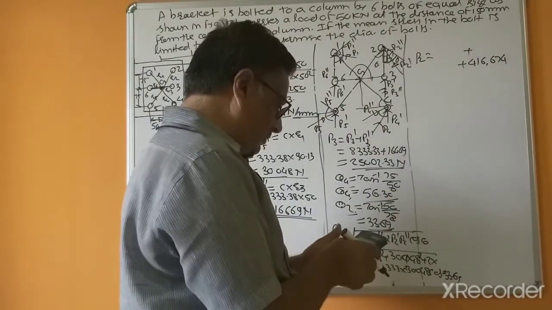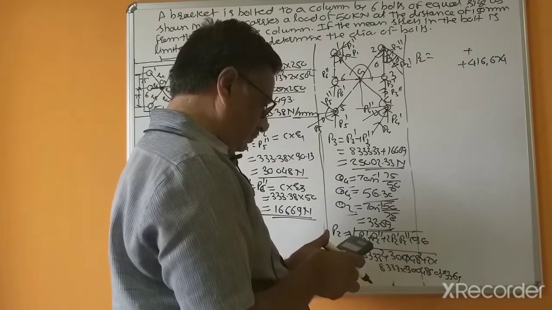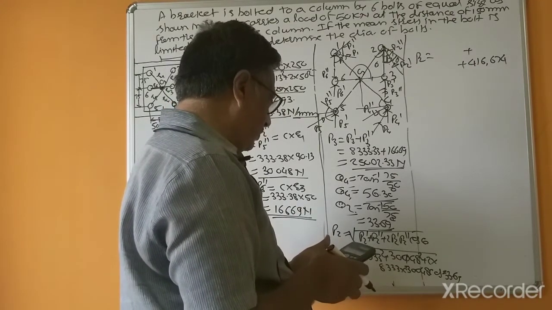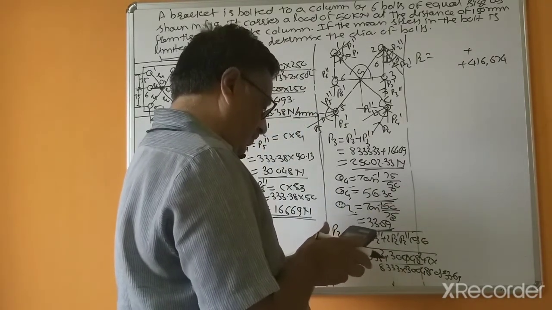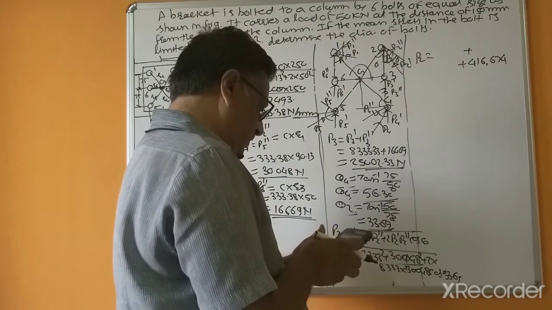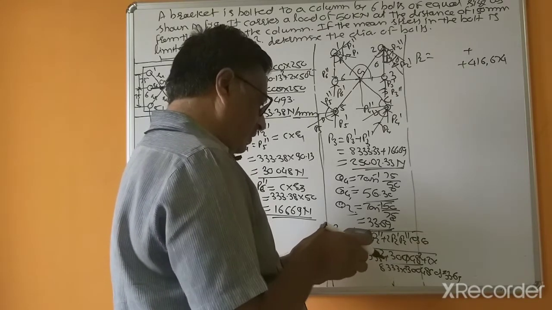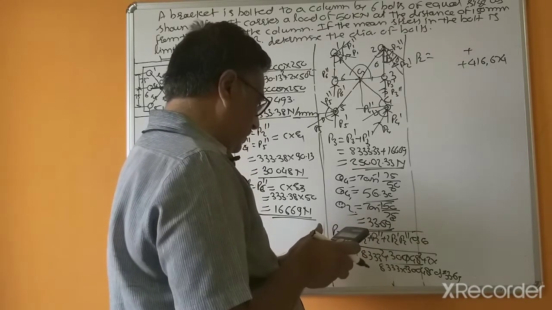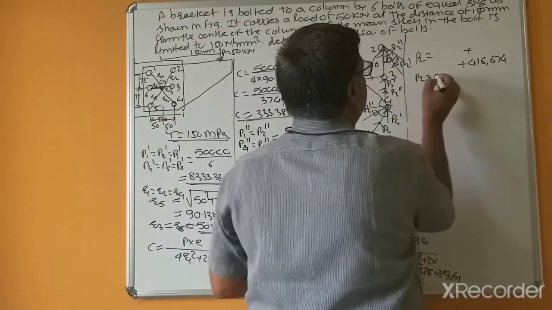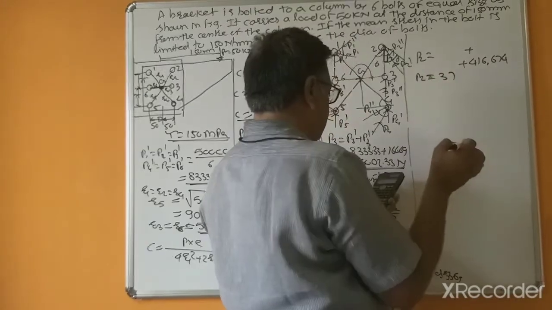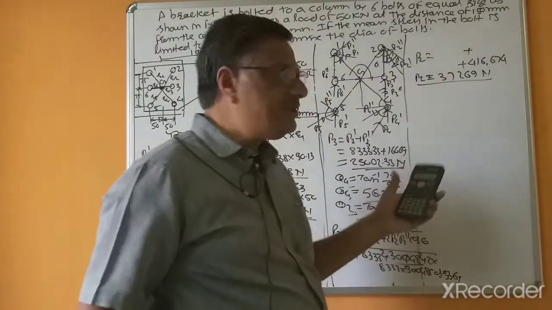Now I am adding 30,000 48 square plus 8,033 square, and this is under root. So I got this P2 equal to 37,269 Newton. This is clear.